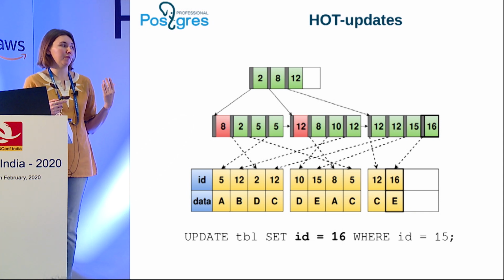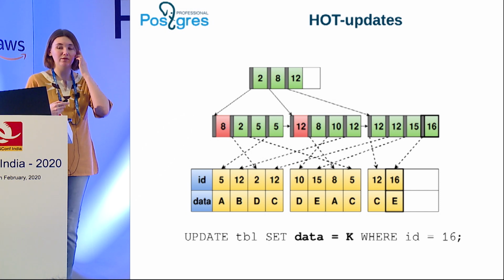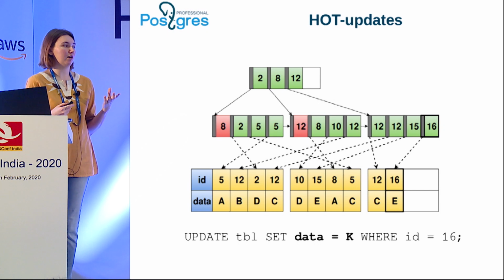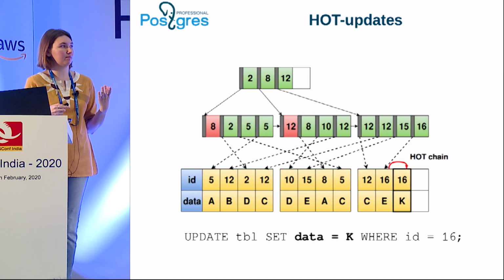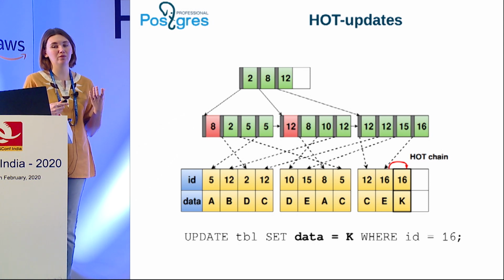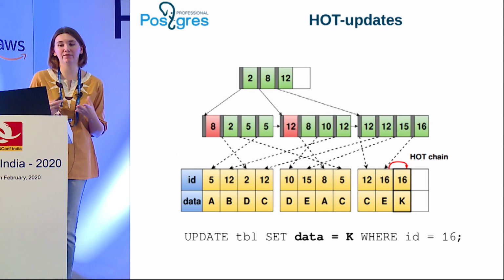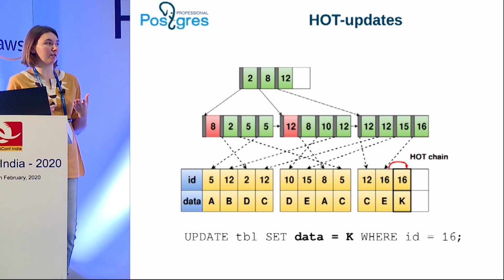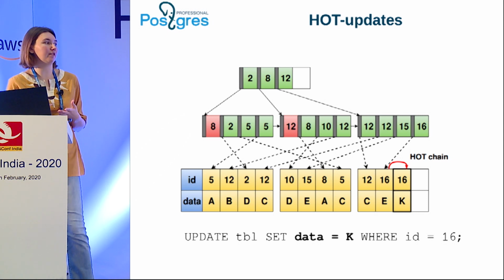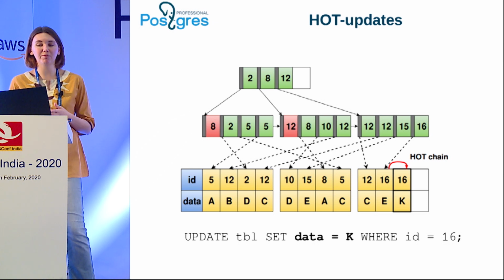So let's say we want to update the data attribute. If we have the HOT tuple optimization, we can simply add it into the table data page and avoid adding a new tuple to the index. This helps us to keep the index smaller, and also to avoid extra insert operations.